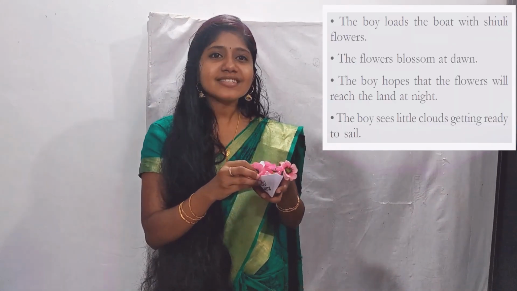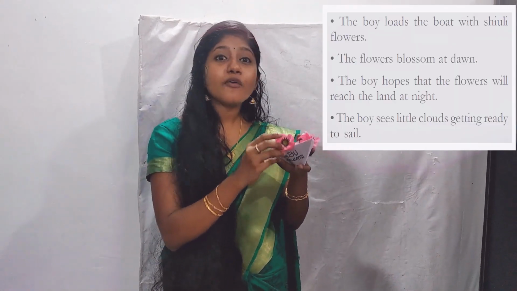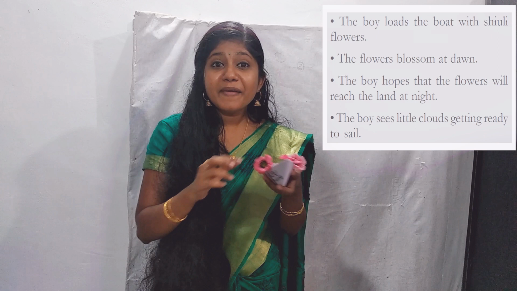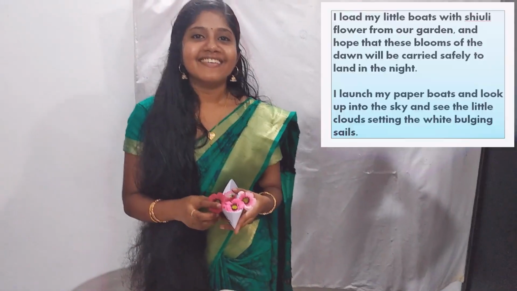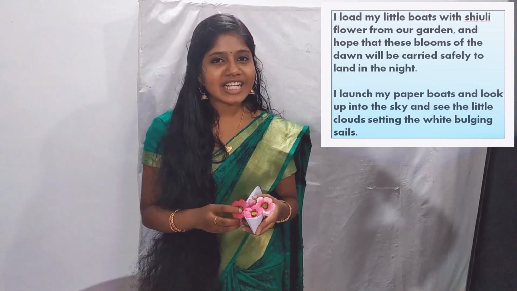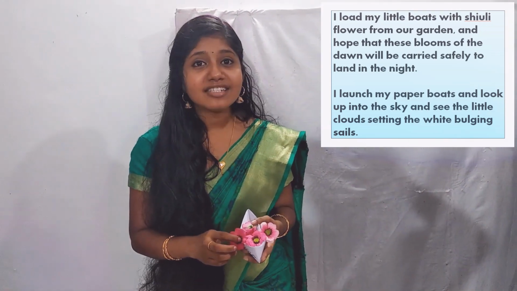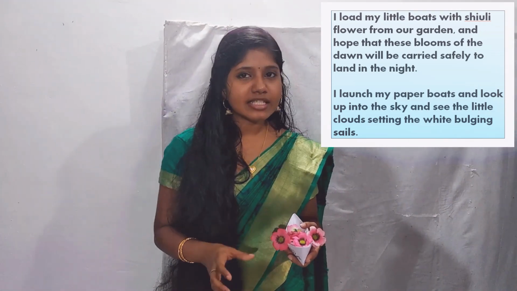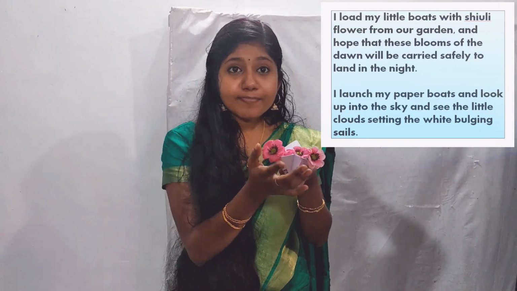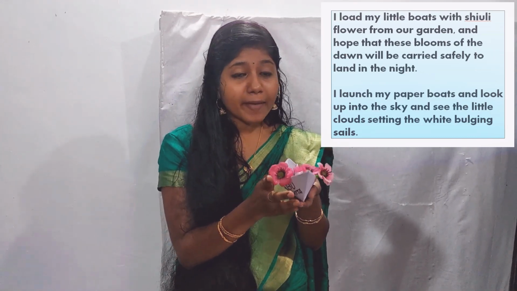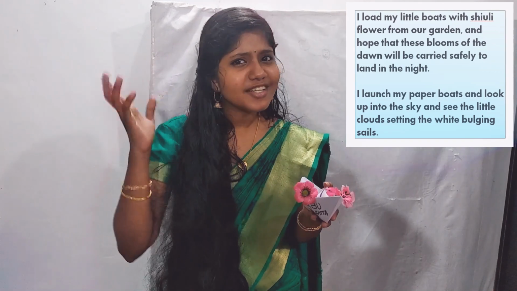He hopes that these blossoms of the dawn morning will be carried safely to the land in the night. When will the paper boat reach the land safely? Yes, of course, it's in the night. The boy hopes that these blossoms of the dawn, the shoe-leaf flowers, carried by the paper boat, will reach the land safely at night.